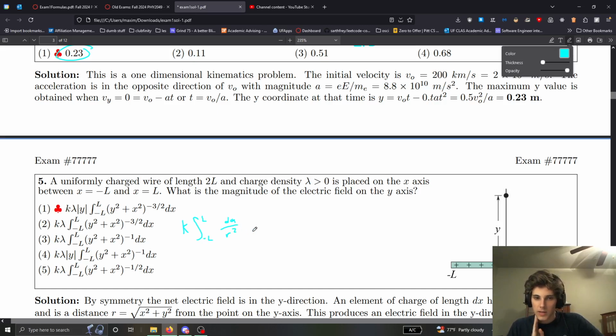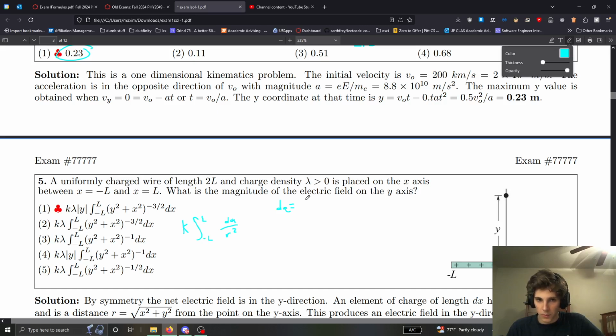Now I will also say, in this problem, we only want the y position of whatever we're integrating, but we'll cross that bridge when we get there. What is dq? Well, dq is a small segment of charge. We have a charge density here, lambda, and we know the entire wire is of length 2L, right?